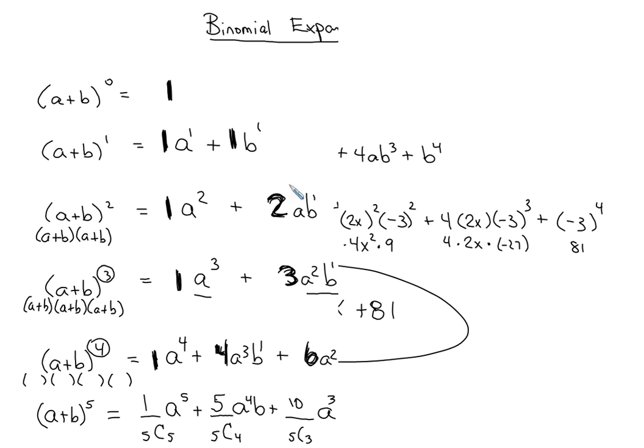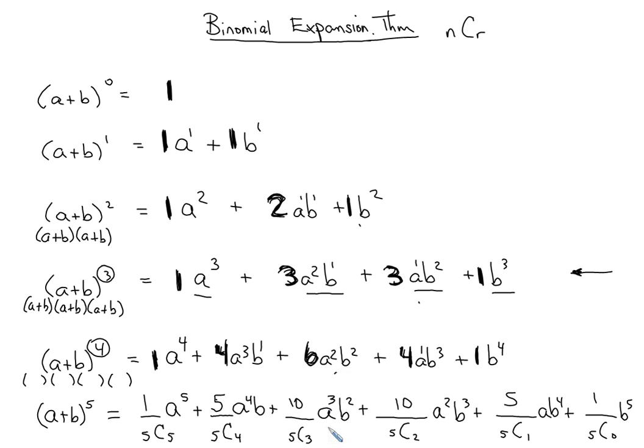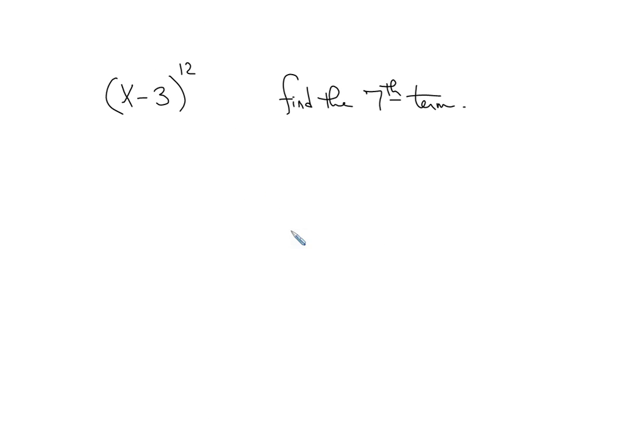The second term always has b to what power? 1. The third term always has b to what power? Sorry, I was pointing to the wrong one. This one, this one, this one. So do you guys see that the power of b is always 1 less than the term number? The first term has no b's. The second term has 1 b. You always have 1 less b than the term number.